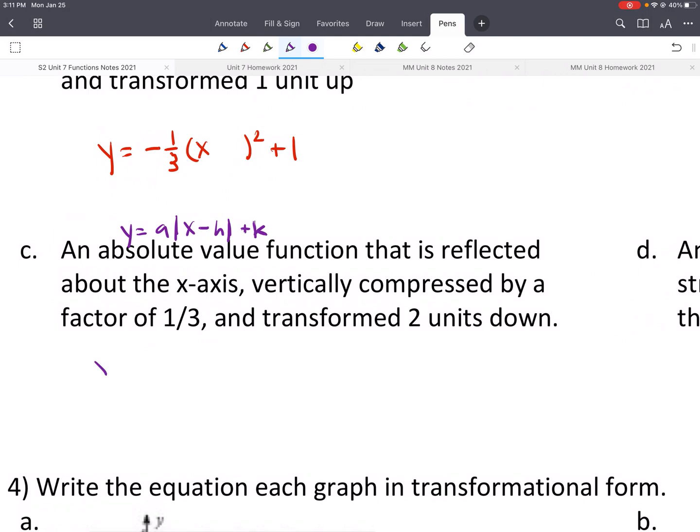So here we have an absolute value function that's reflected. So again, we're going to have a negative. It says it's vertically compressed by a factor of 1/3. We'll do our absolute value. It says it's transformed 2 units down. So again, it doesn't go left or right, and it goes down 2.